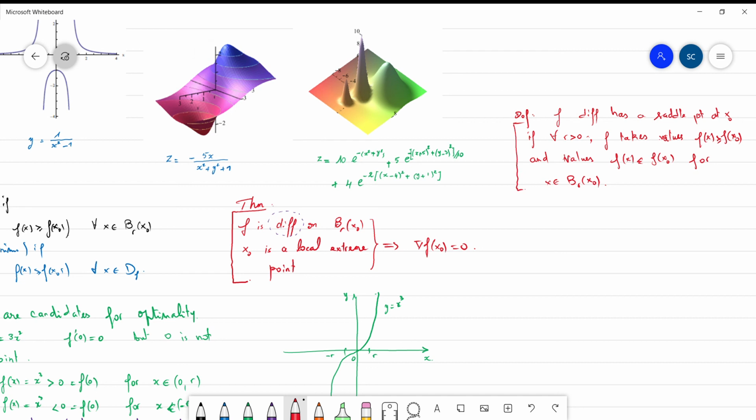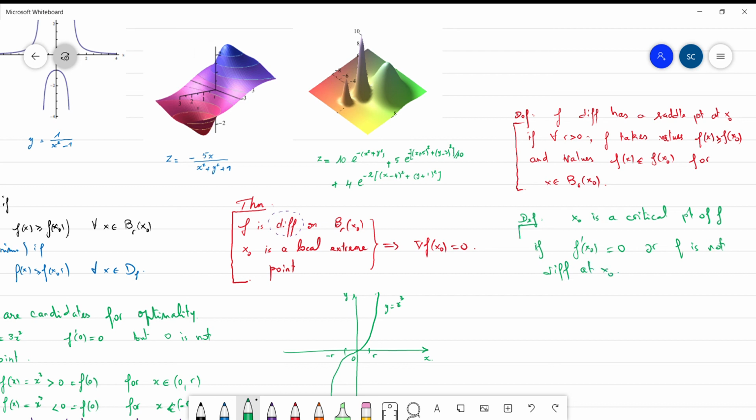We also need the definition of critical points. As for functions of one variable, x0 is a critical point of f if we have f prime at x0, which is the gradient here, equals 0, or f is not differentiable at x0.